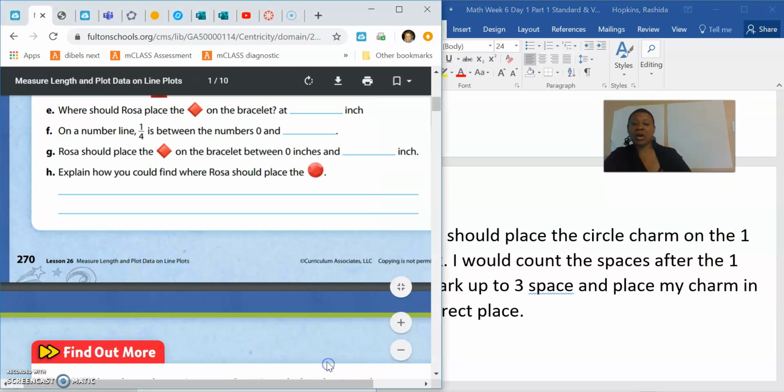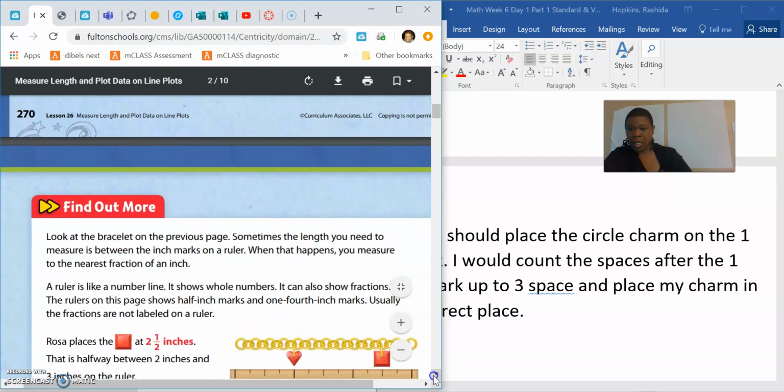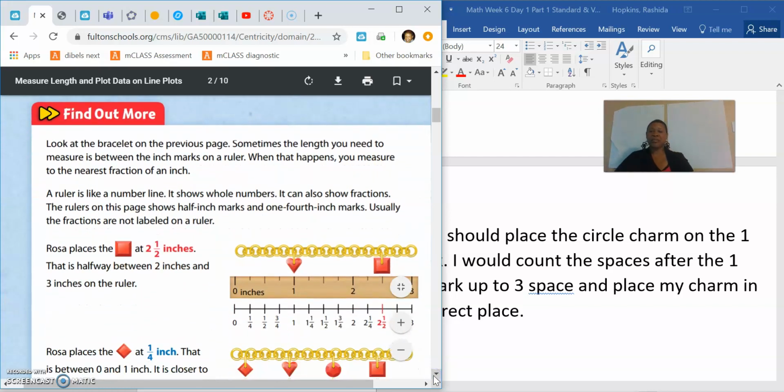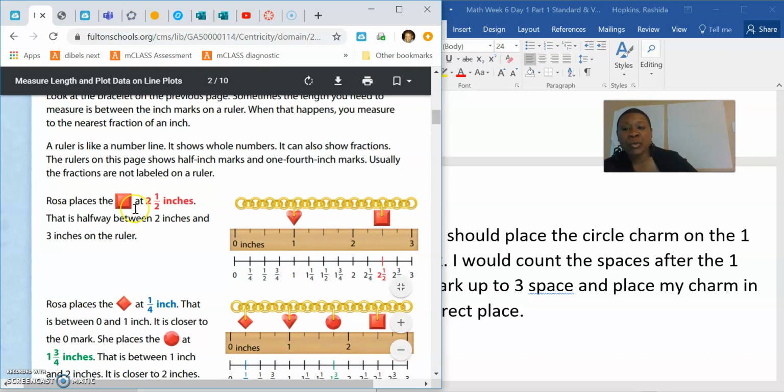Now, let's go back over. Look at the bracelet on the previous page. Sometimes the length you need to measure is between the inch marks on a ruler. When that happens, you measure to the nearest fraction of an inch. A ruler is like a number line and it shows a whole number.